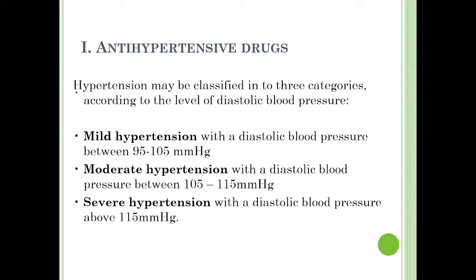So hypertension: generally a patient's blood pressure is 140 over 90. So we have 2 numbers here.